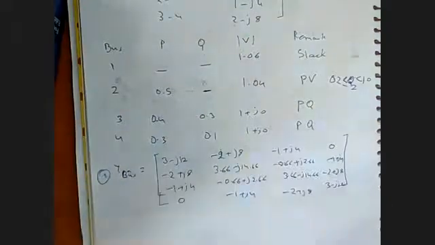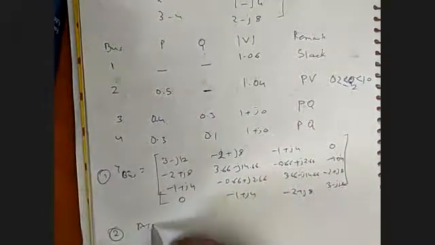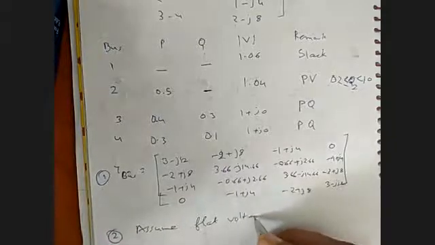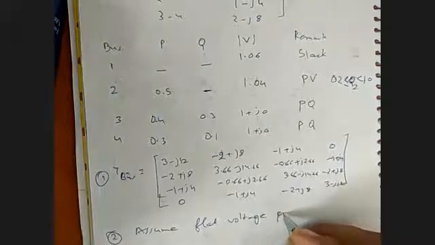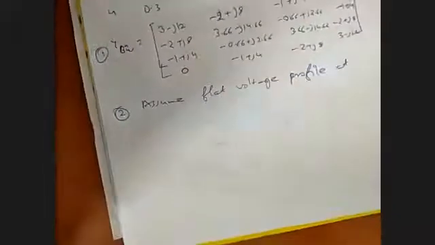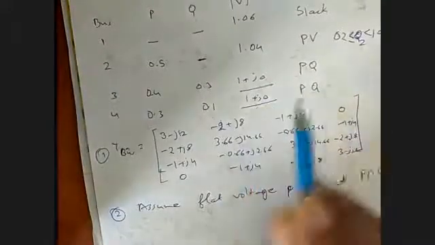So as your first step is to calculate Y bus, then step 2 is assume flat voltage profile at PQ bus. So we have considered voltages 1 plus J0 and 1 plus J0 at the PQ buses.